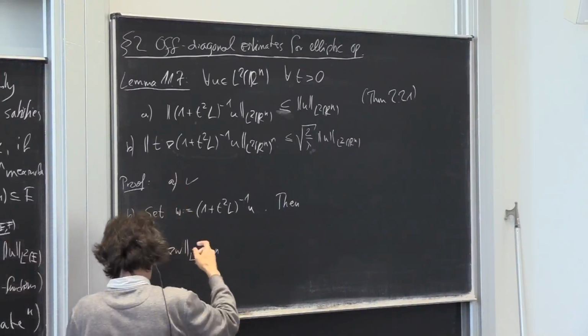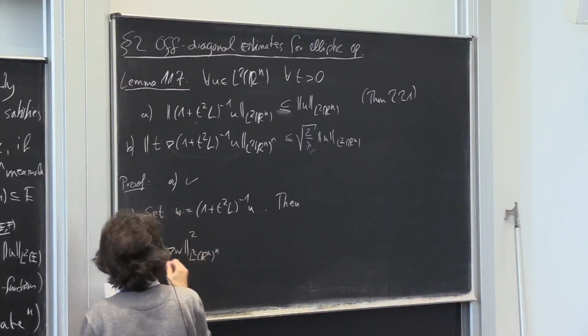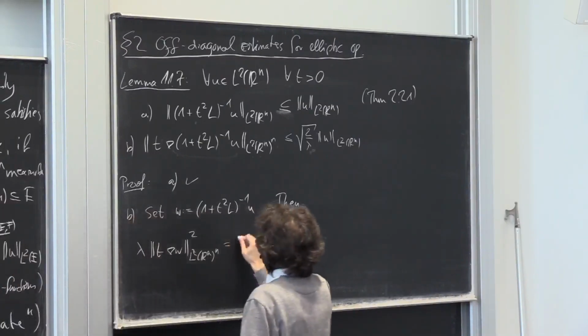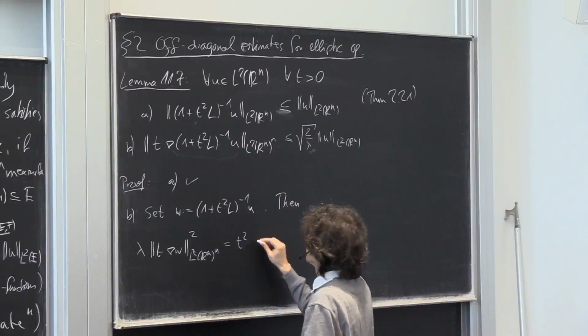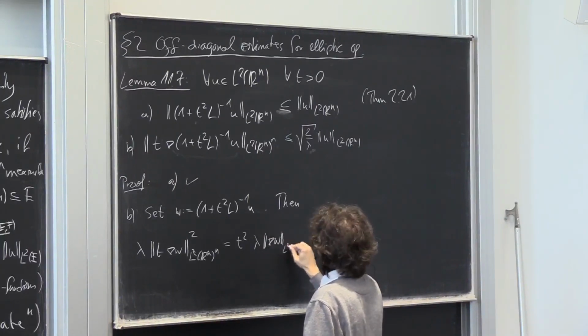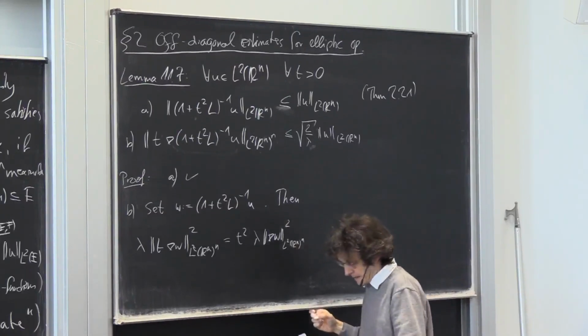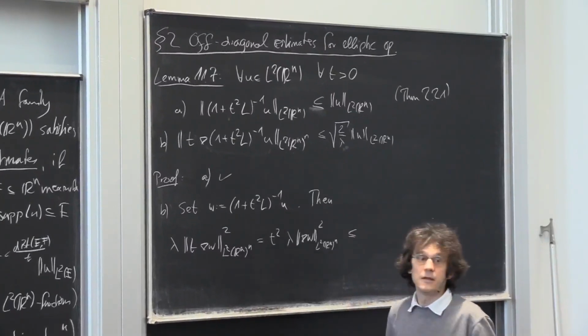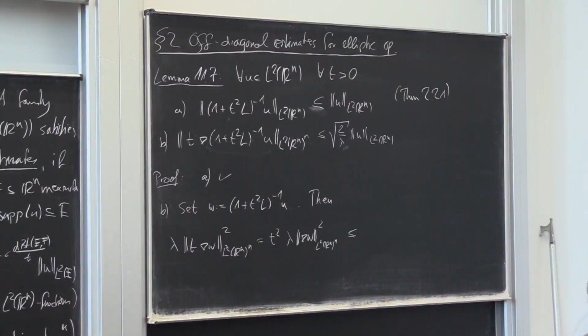And let me take the square of it and multiply with lambda. So then you can get out the t squared. So this gives you t squared times lambda times the gradient of w measured in L2(R^n) squared. Now you can use ellipticity of the coefficients.